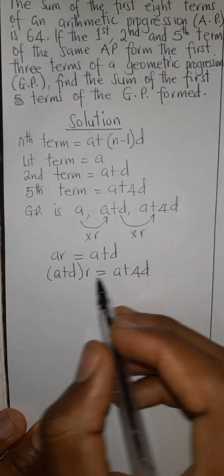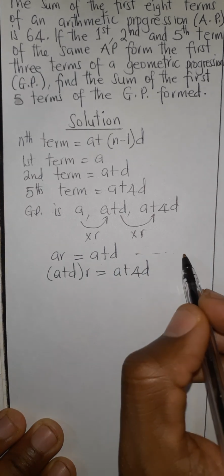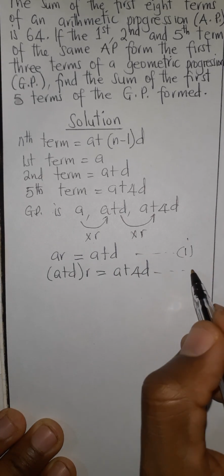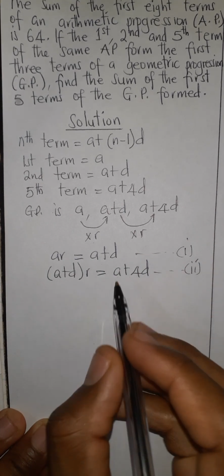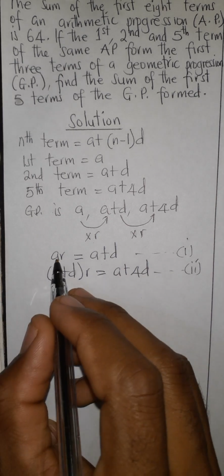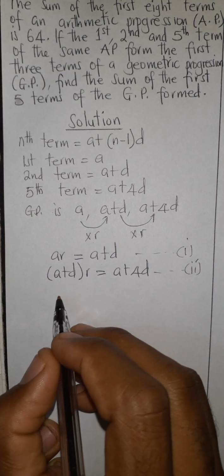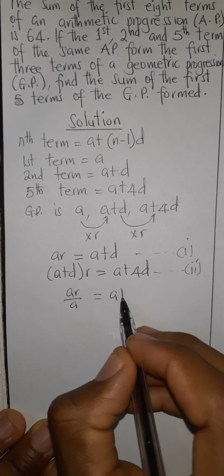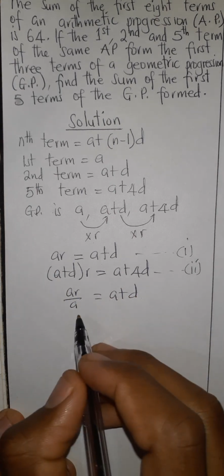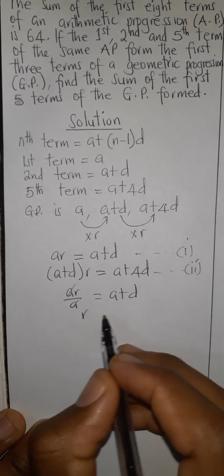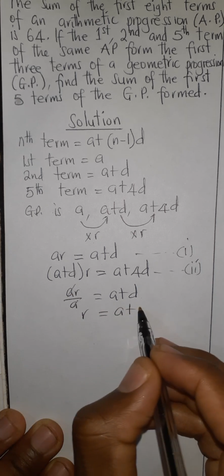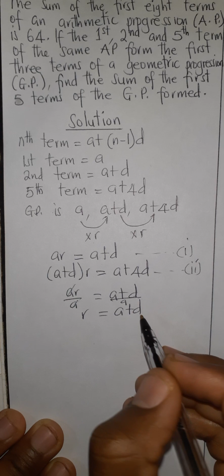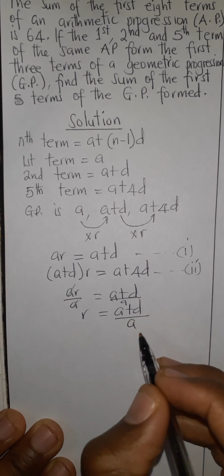To find R from the first equation, we divide both sides by A. So AR divided by A equals A plus D over A, and A cancels, so R is equal to A plus D over A.